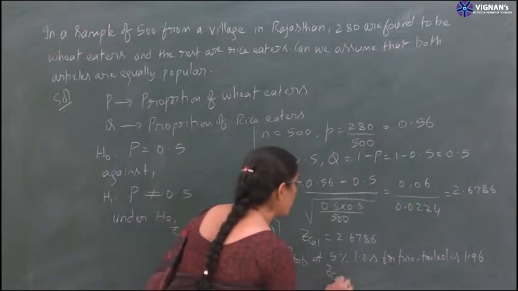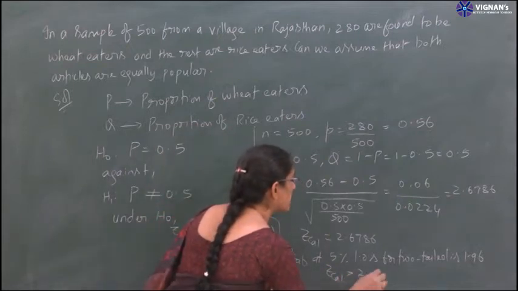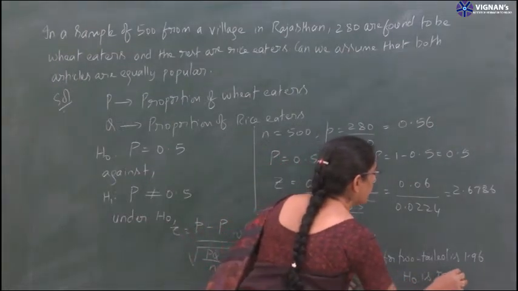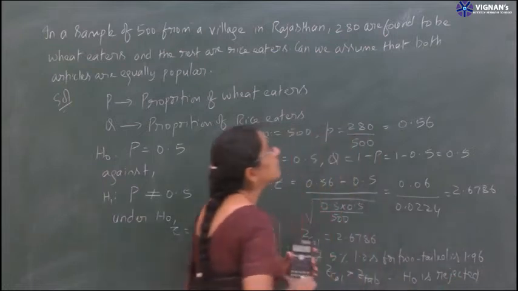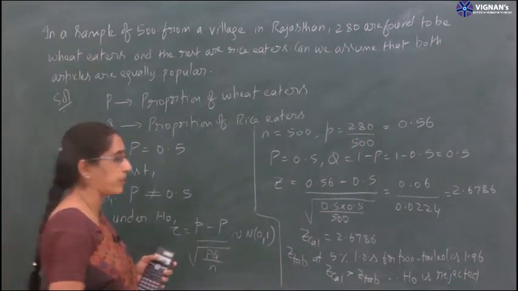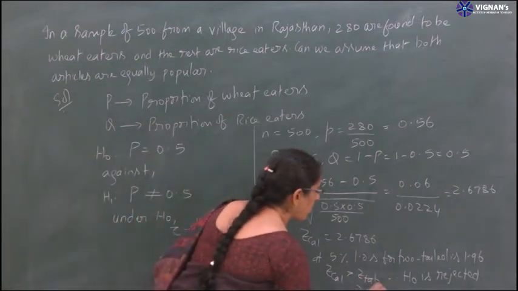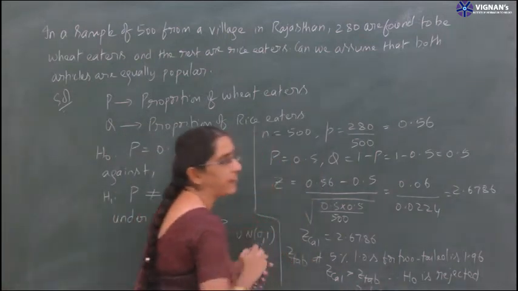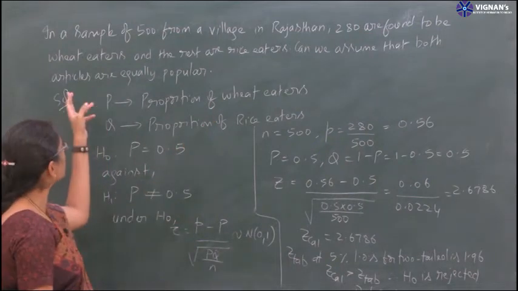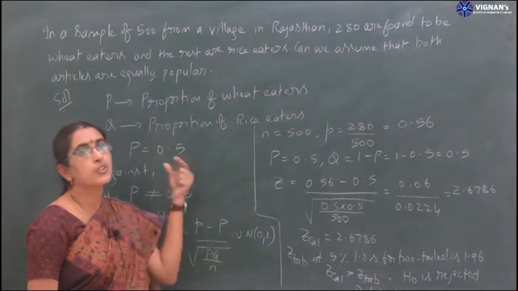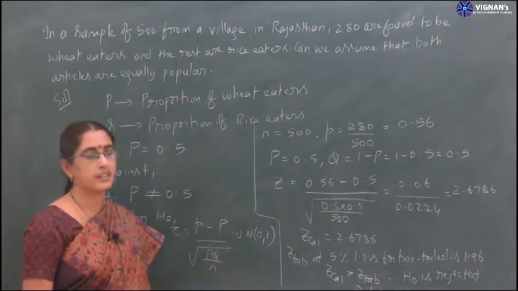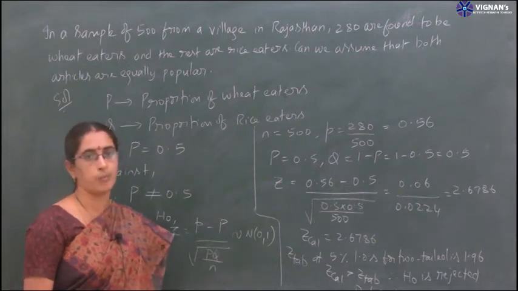Z cal is greater than Z tab, therefore H naught is rejected. That means the proportions of rice and wheat eaters are not equally popular, so P is not equal to 0.5. Right? So our conclusion is, can we assume that both the articles are equally popular? The proportion of rice and wheat eaters are not equally popular here. That is the conclusion for this problem.